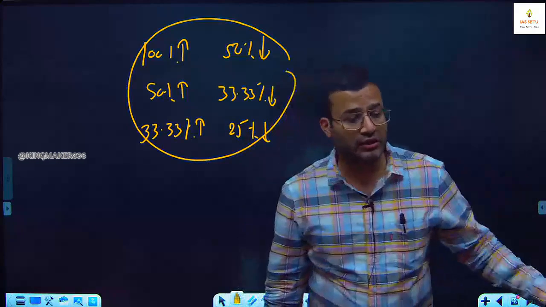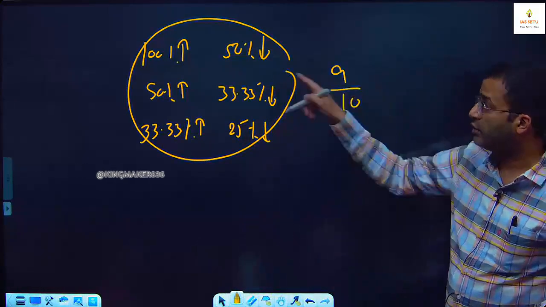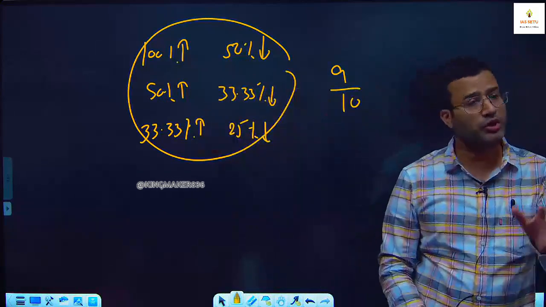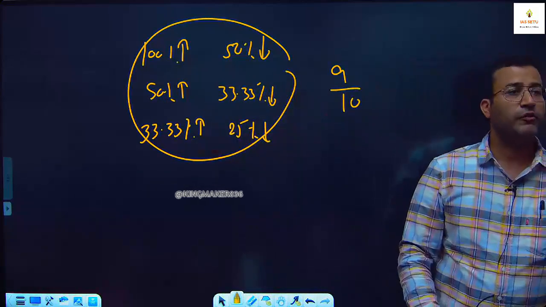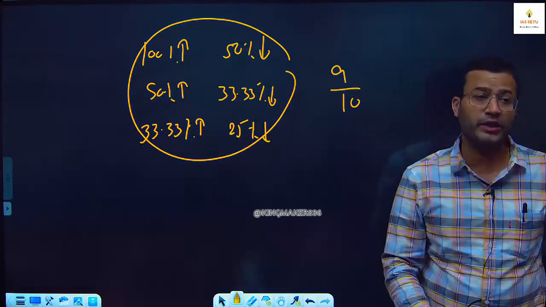I have seen more than 1,000 questions on type 1, 9 questions out of 10 have these values. आपको यही वैल्यू मिलेगी, 100%, 50%, 33.33%, 25%, 20%.